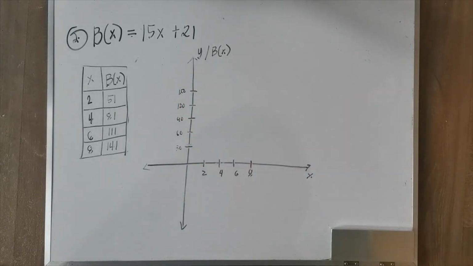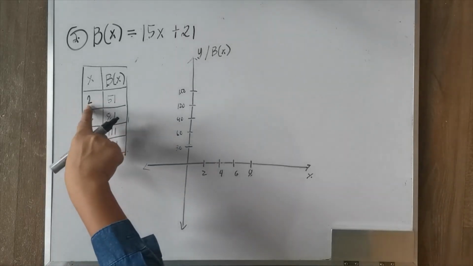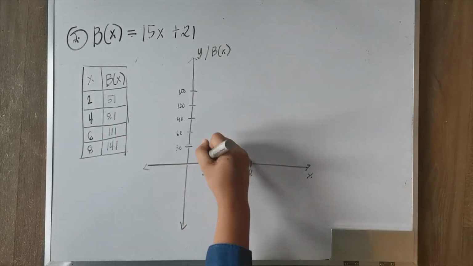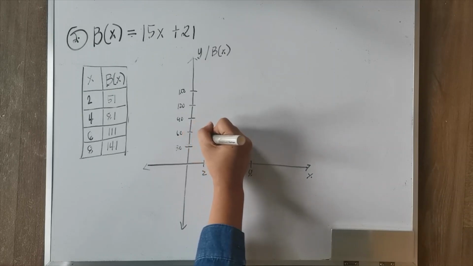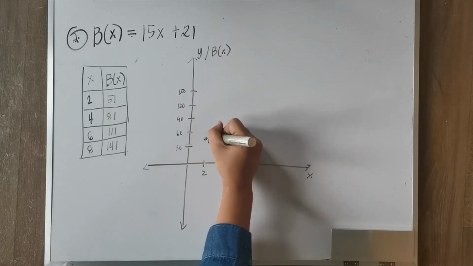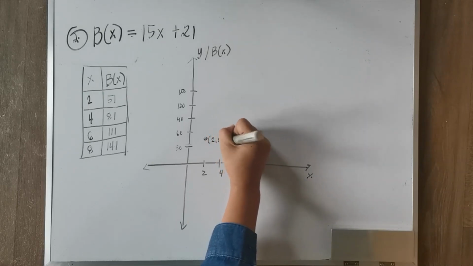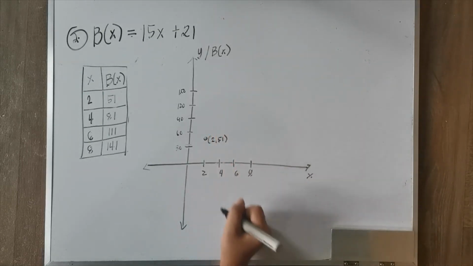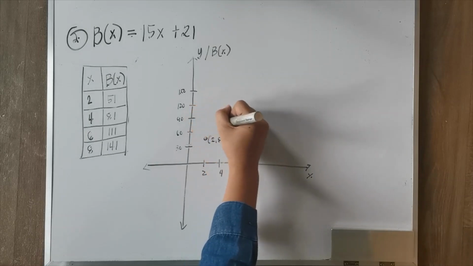Okay, after that, I will plot my coordinates. So I will have first the 2, 51. So 2 for x, 51 for y. So roughly it is located here. We'll just estimate the location. So 2, 51. The next is 4, 81. So roughly on this area also.